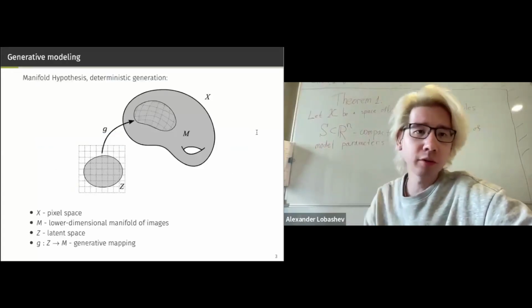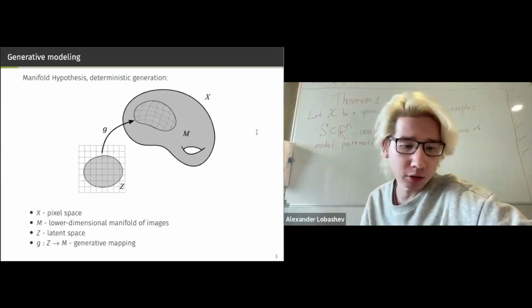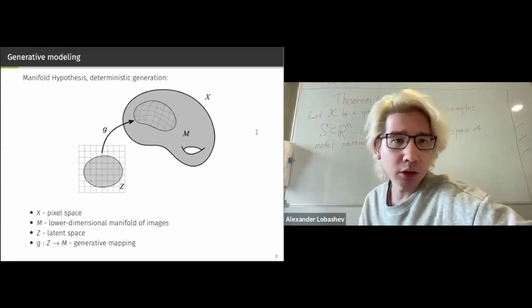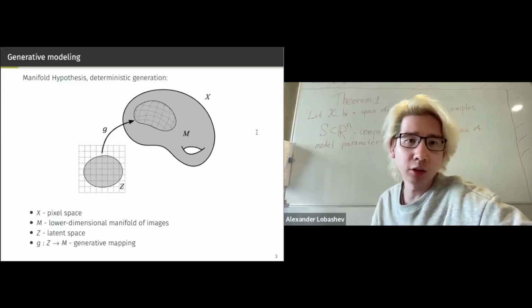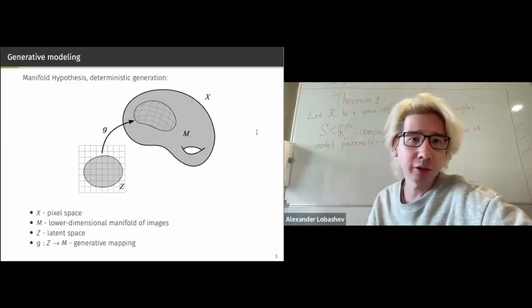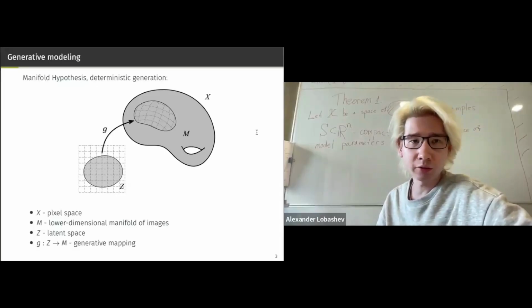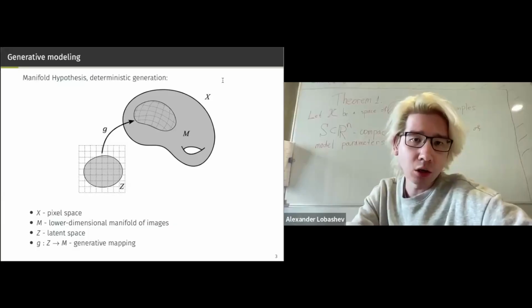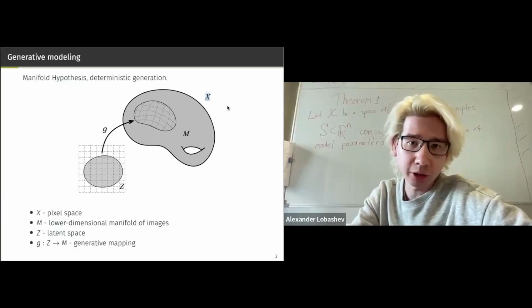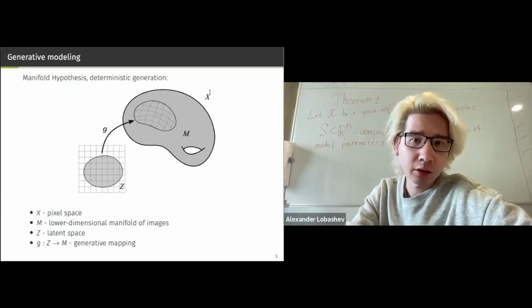So what is the idea of this talk? We will talk about geometry of latent space in generative models. Firstly, we need to define what is a latent space. We assume that we have a high-dimensional data manifold X, and X is a whole space.